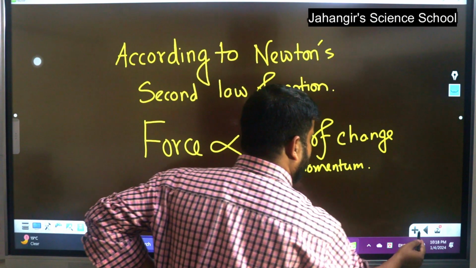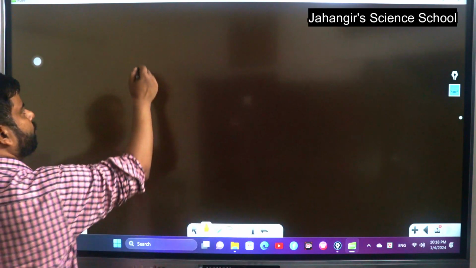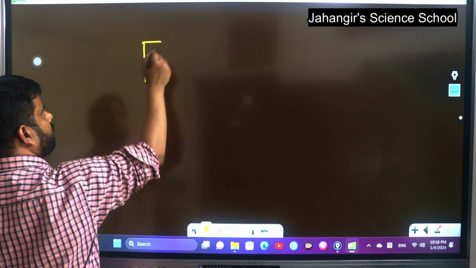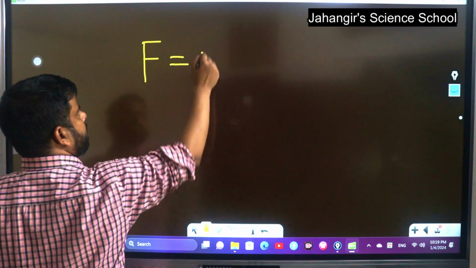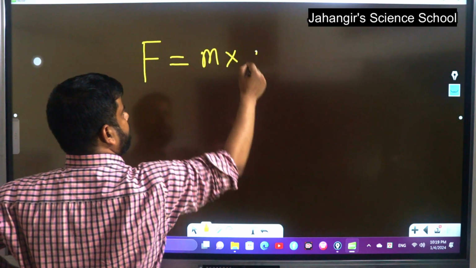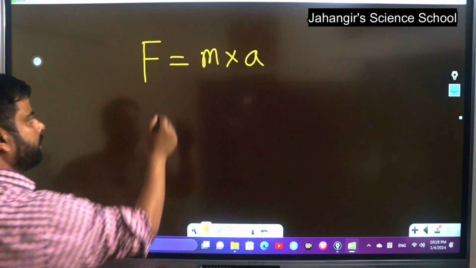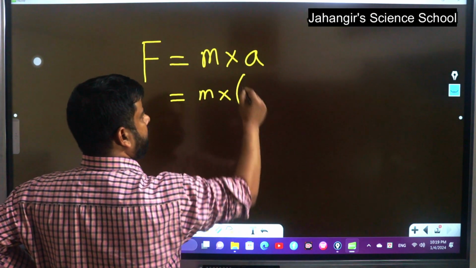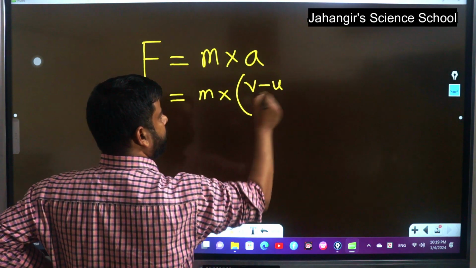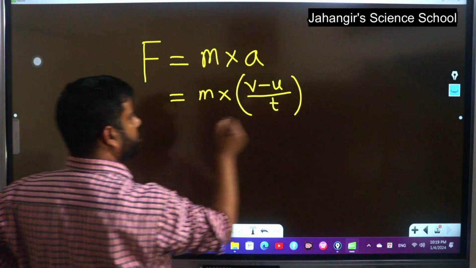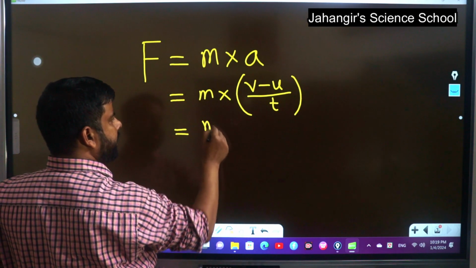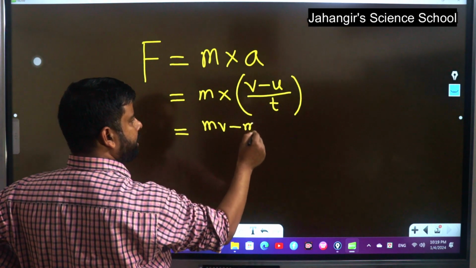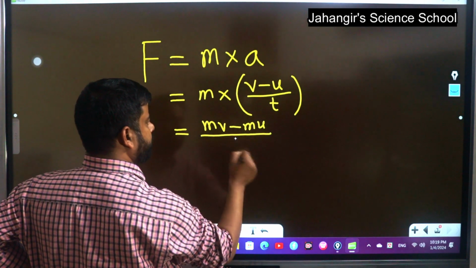So we can write force. There is a formula, F equals mass into acceleration. Again we know acceleration equals final velocity minus initial velocity divided by time. So after multiplication we get mv minus mu divided by t.